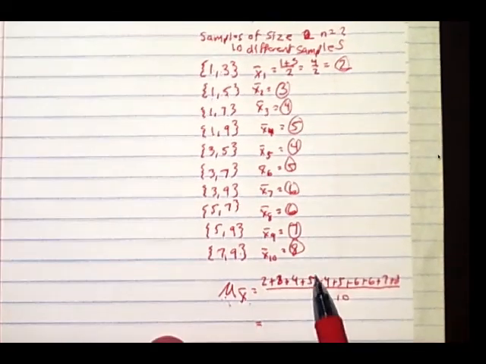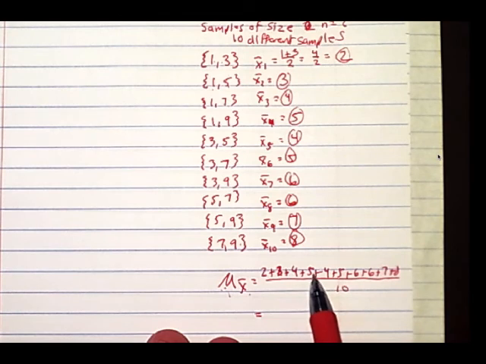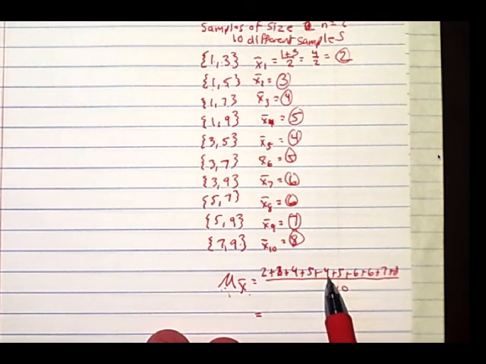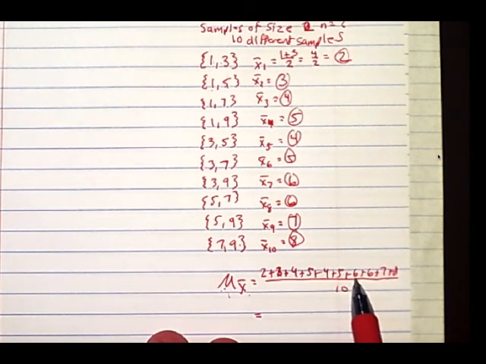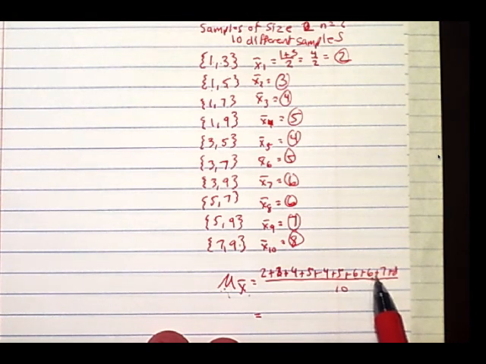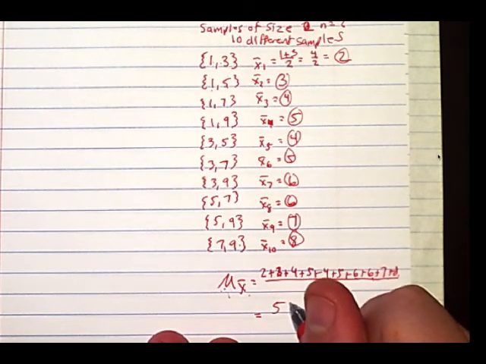2 plus 3 is 5, plus 4 is 9, plus 5 is 14, plus 4 is 18, plus 5 is 23, plus 6 is 29, plus another 6 is 35, plus 7 is 42, plus 8 is 50.